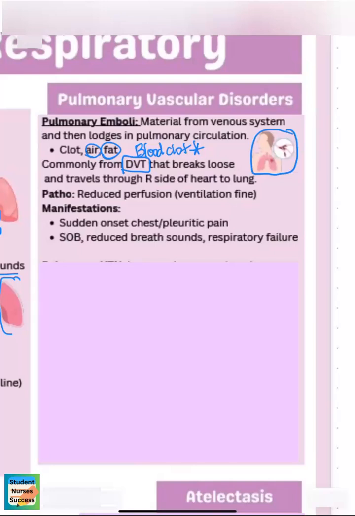Now, what we see is reduced perfusion. We can still get air in and out, but what we're not seeing is gas exchange because the clot is keeping blood from moving through and doing gas exchange at the level of the alveoli. Patients usually present with a sudden onset of acute chest pain because of the ischemia from the clot. They may develop shortness of breath, decreased breath sounds, and even respiratory failure.